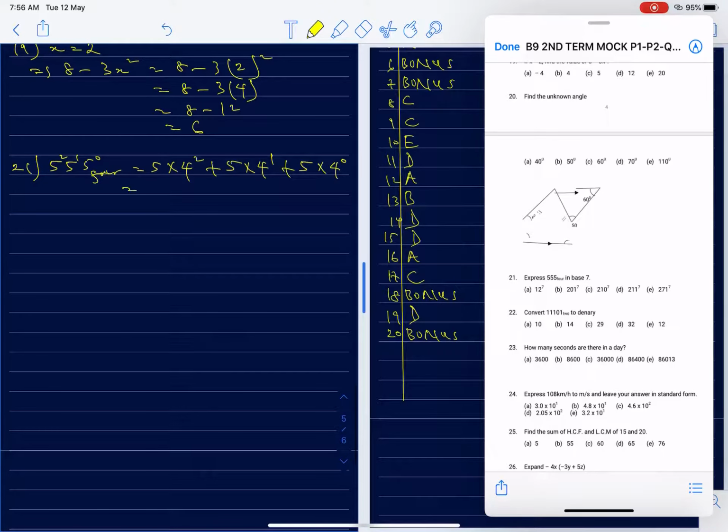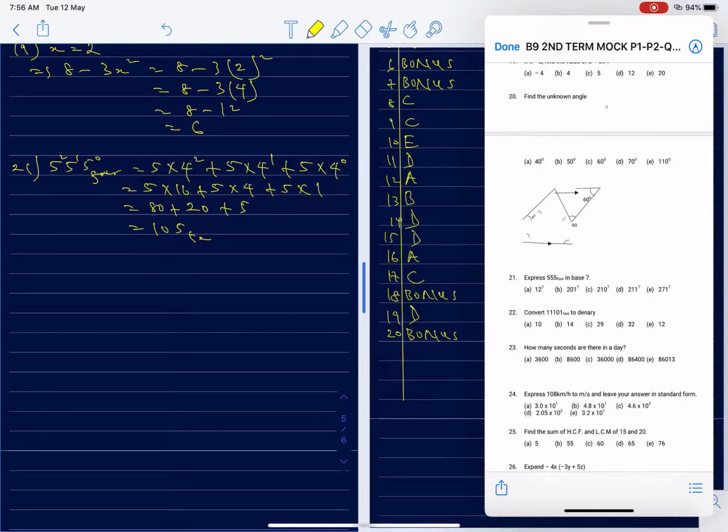That simply means 5 times 16 plus 5 times 4 plus 5 times 1. Any number raised to power 0 is the same as 1, which means 80 plus 20 plus 5, and that's 105 base 10. But don't forget that we're supposed to change it to base 7 and not base 10.